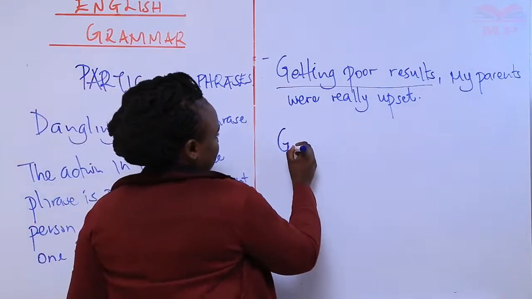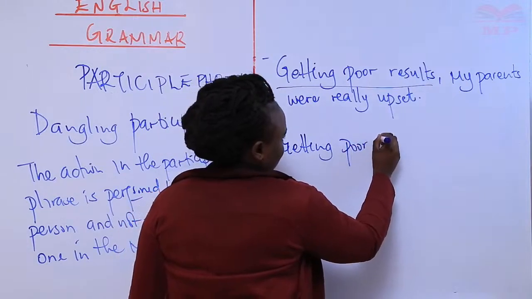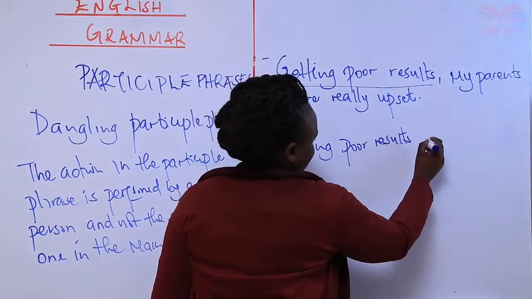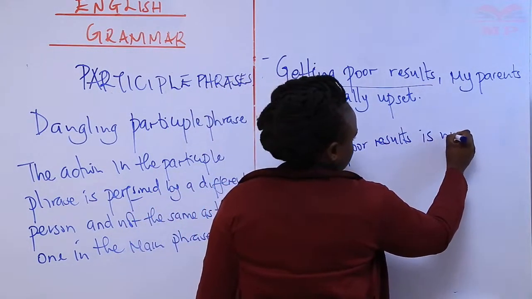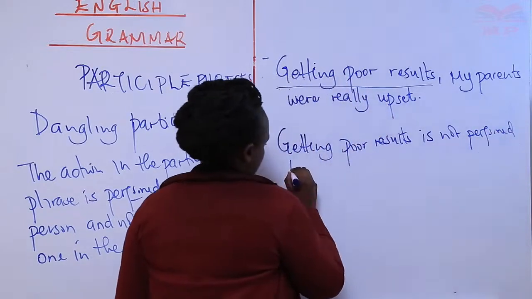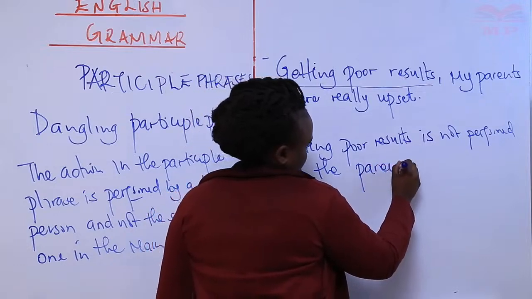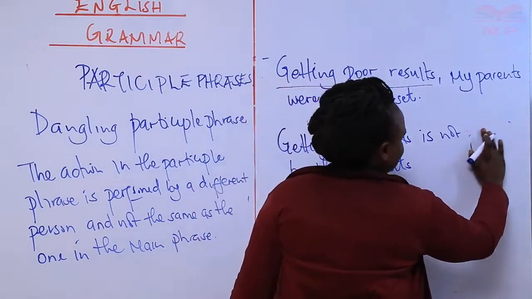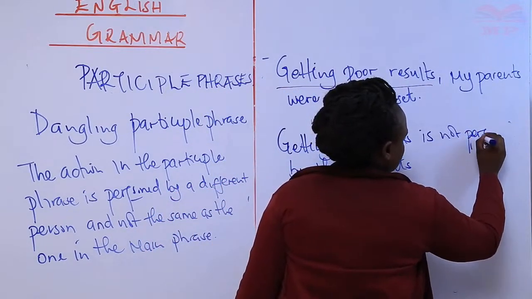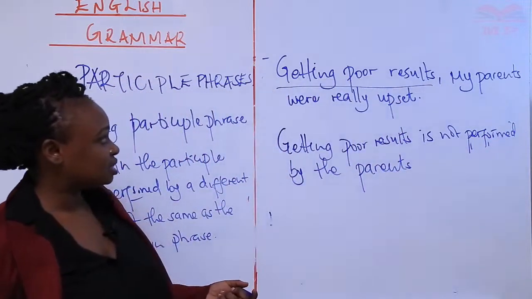So the getting poor results is not performed by the parents. Let me write this clearly. This action of getting poor results is not performed by the parents.